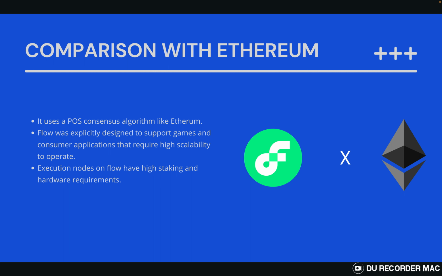So it's like asking what was used in building the OS on your computer. You can compare the OS of a computer to the clients of the blockchain, or to the blockchain protocol.